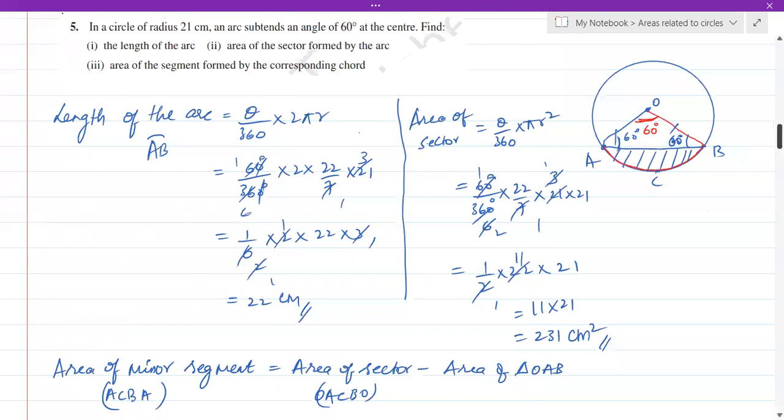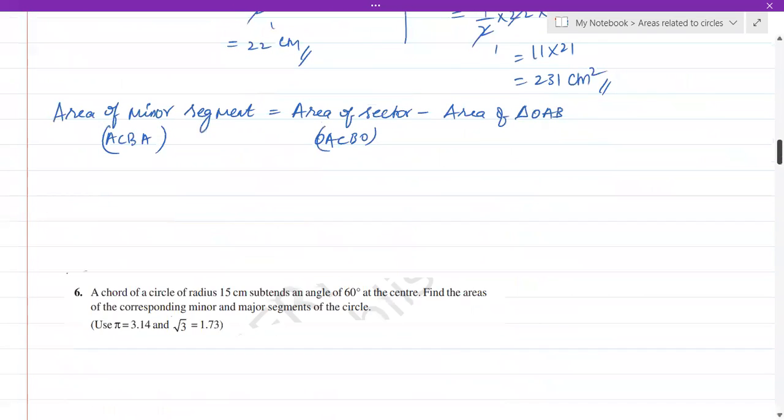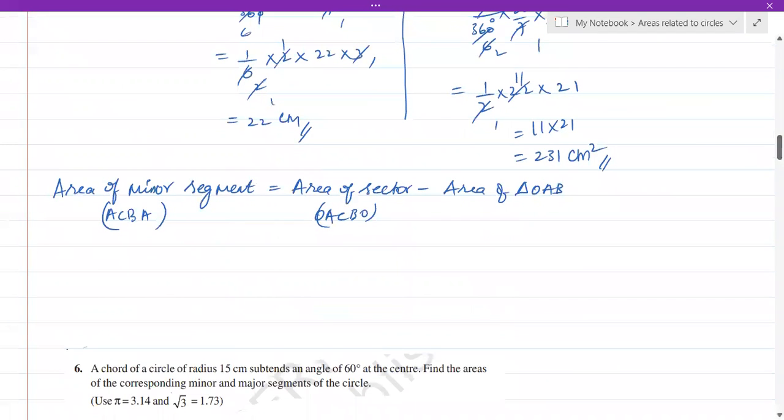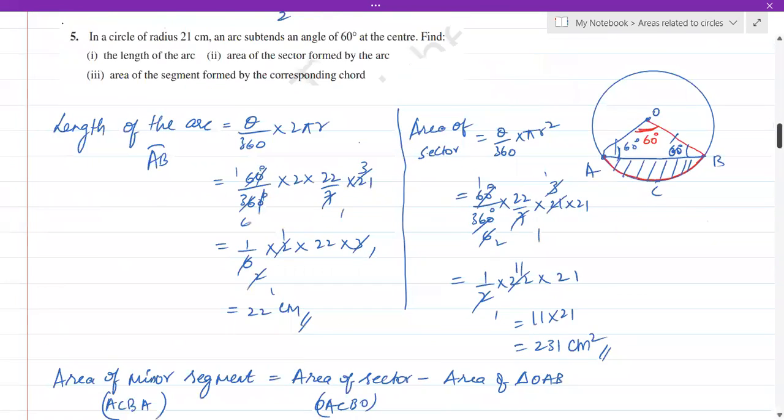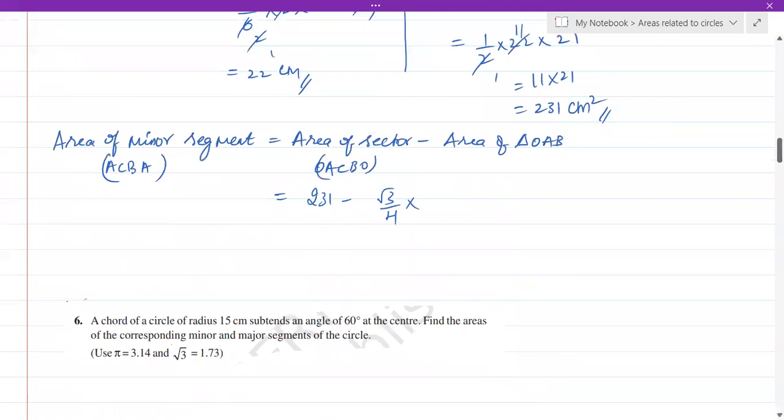Okay, now here area of sector, we have already found it as 231 minus area of an equilateral triangle. Area of an equilateral triangle is given by the formula root 3 by 4 into side square. What is side? Side is OA, OB are the sides, right? OA is what? Basically the radius.